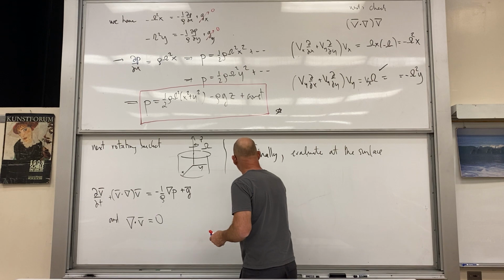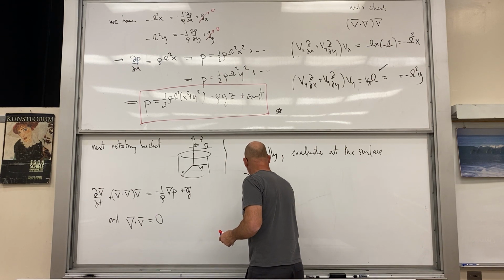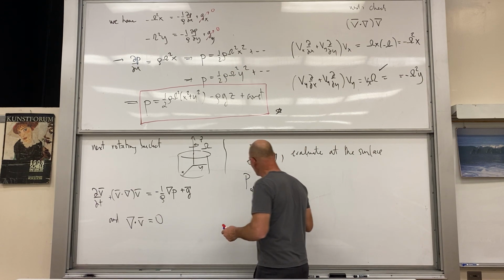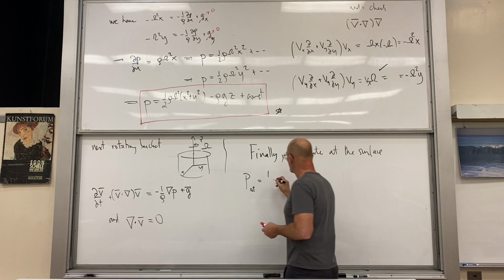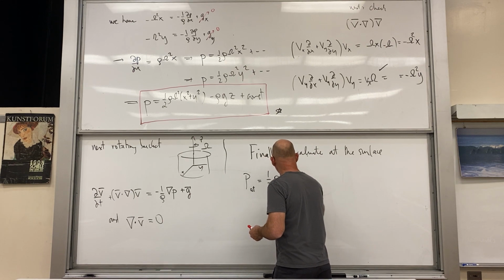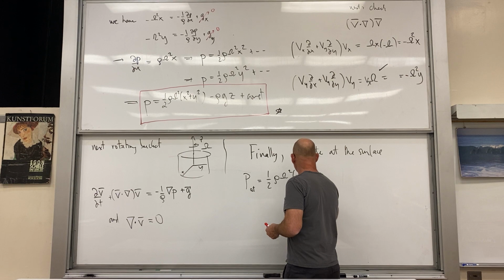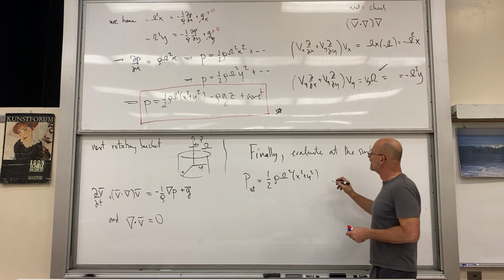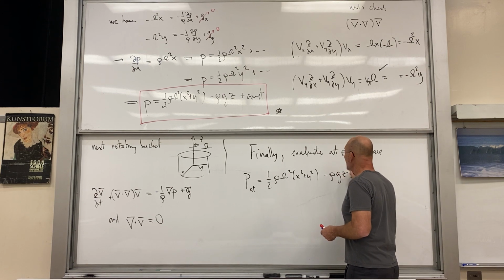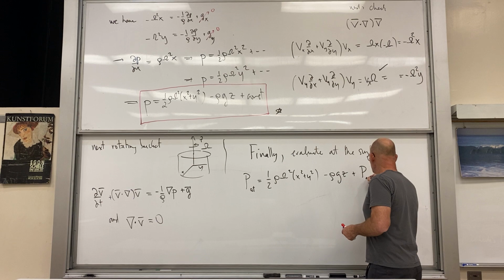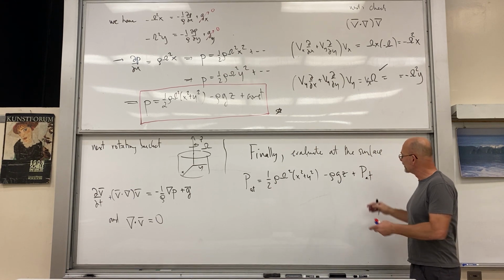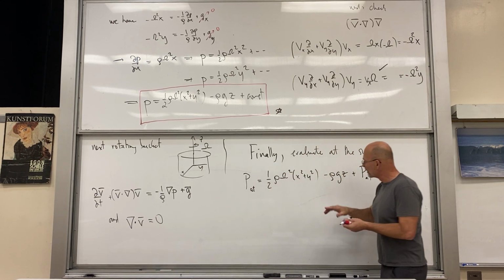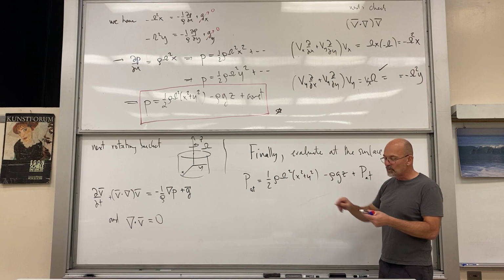And what we have is P naught equals, right, and I'll write atmosphere, imagine it's the atmosphere at the surface, 1/2 rho omega squared x squared plus y squared minus rho gz plus P atmosphere. So at the surface, we've got the atmospheric pressure, both places here, and what we're left with is z as a function of x and y.